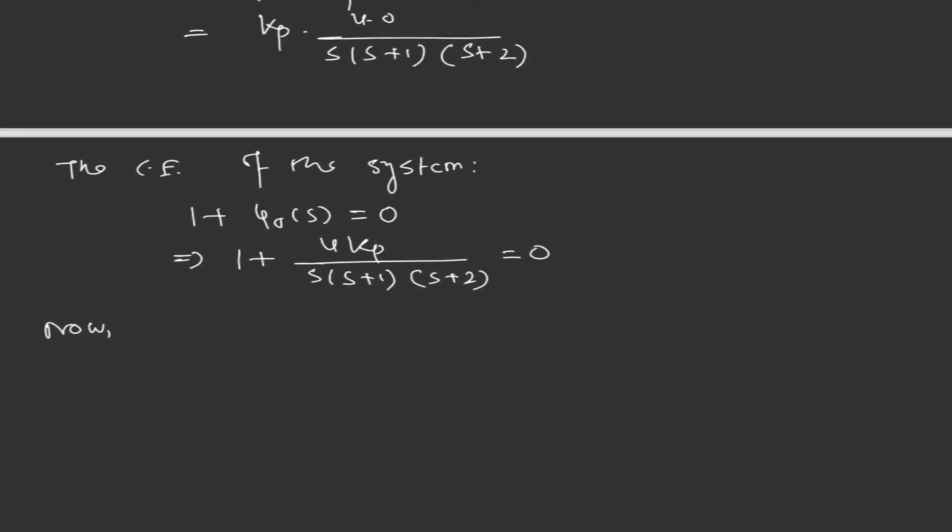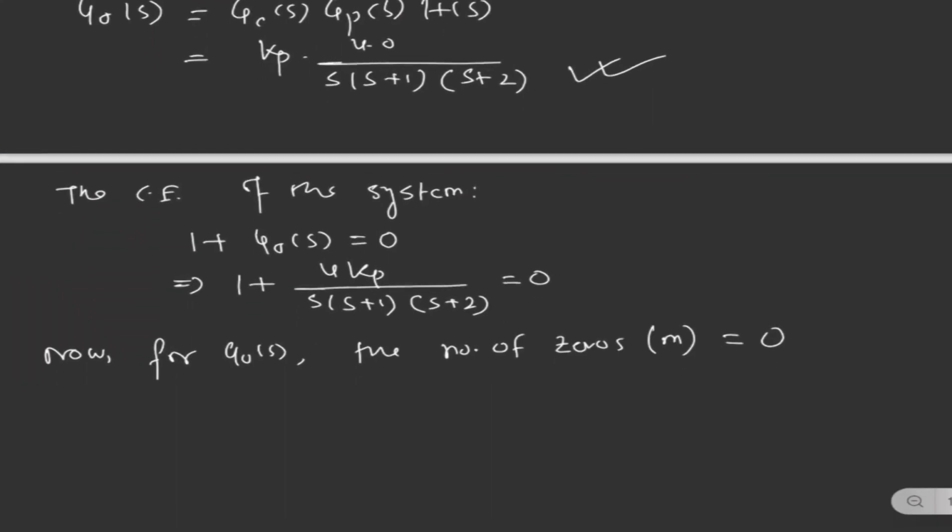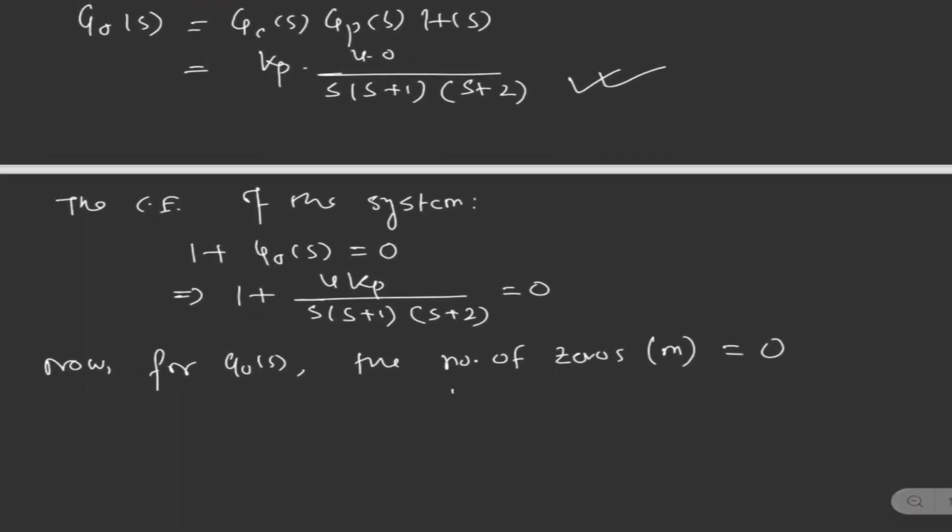Now for G0(s), the number of zeros is M. If you notice, in the open loop transfer function we have no zeros, so M equals 0, and the number of poles, denoted by N, equals 3.